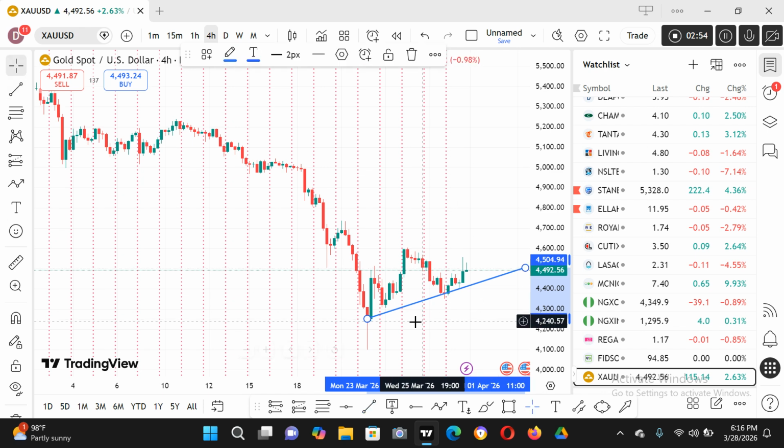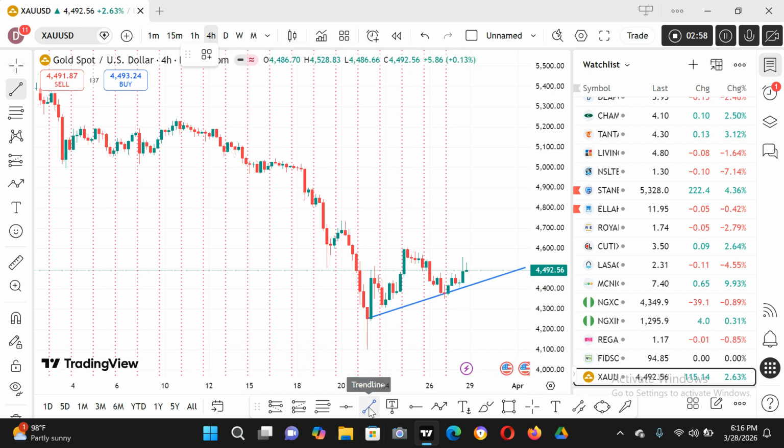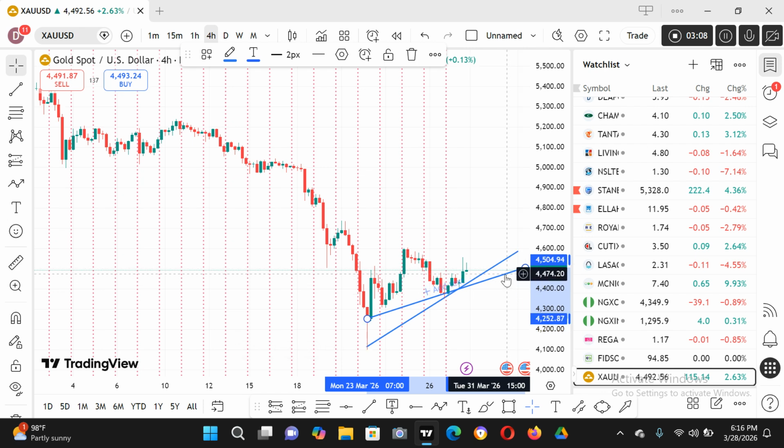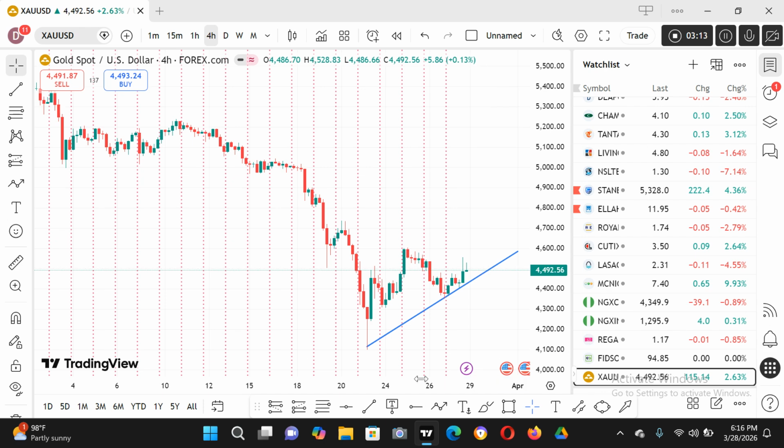That's an uptrend. You can decide also to draw it wick to wick. So you can draw the trend line from here too, like this. For us here, I want us to use wick to wick.